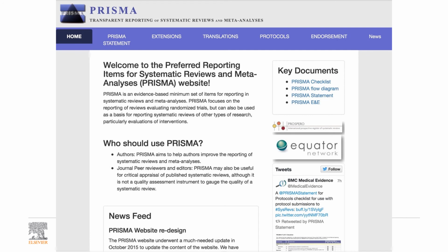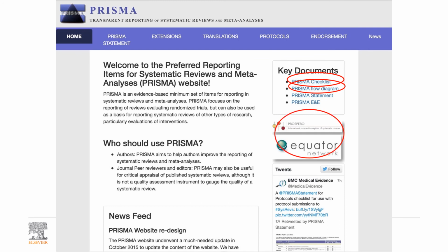It's similar to CONSORT and indeed produced by the same team of people and has some similar features, for example, the checklist and the flow diagram. I won't go into the checklist in any detail, but it's a very useful document to consult both when you're designing, but especially when you're reporting a systematic review. We'll take a look at the flow diagram in a minute. I'm sure you're familiar with it.